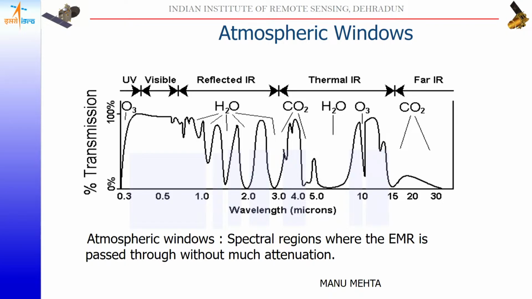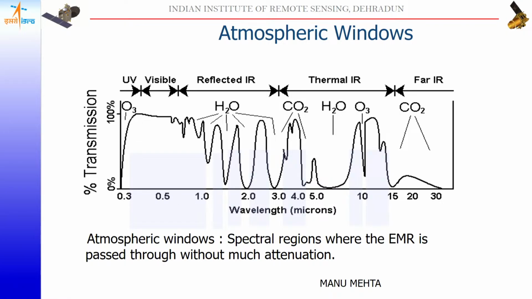So if my interest is to look at the Earth's surface, I'll be creating the sensors in these range wherever you have a peak. But wherever you have a dip, this is a broad dip, let's say, if my purpose is to study the Earth targets, the Earth's surface, I cannot be creating a sensor here in this region, right? So I am left only with the atmospheric windows.